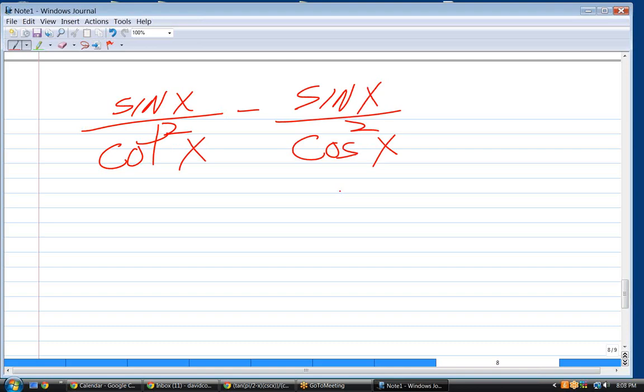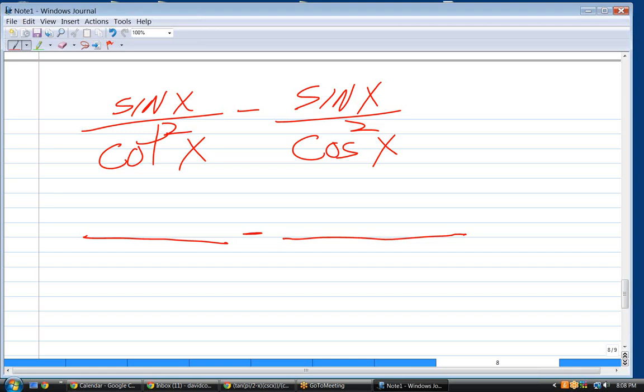That it? Yeah. Okay. How am I going to subtract these two fractions? Find the common denominator. Okay. What is it? Here, let me do it like this. Remember, a common denominator is always found by multiplying the two denominators.